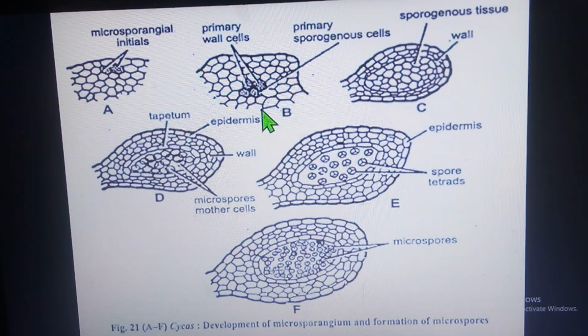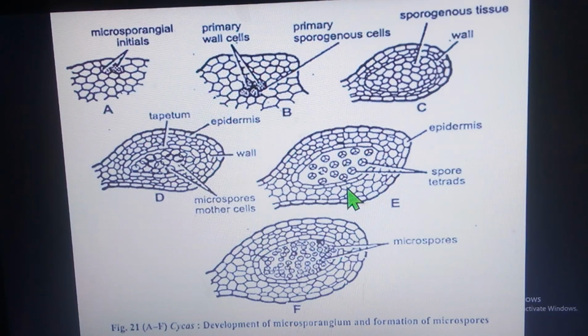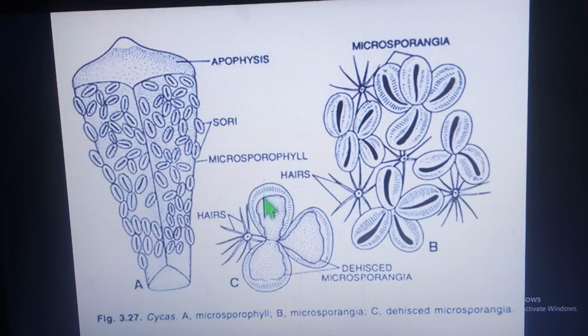Next we will take a look at the development of each microsporangium and also the formation of the microspores. Here we will talk about a single microsporangium and how it develops.